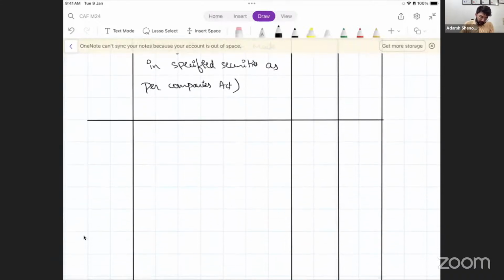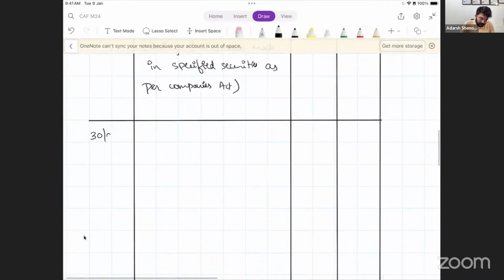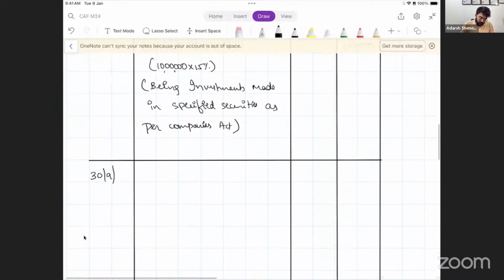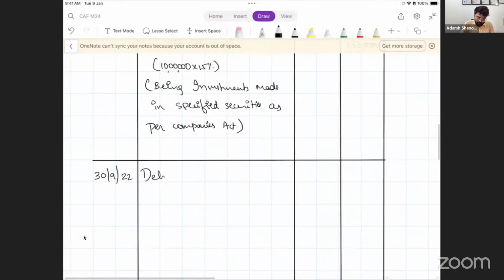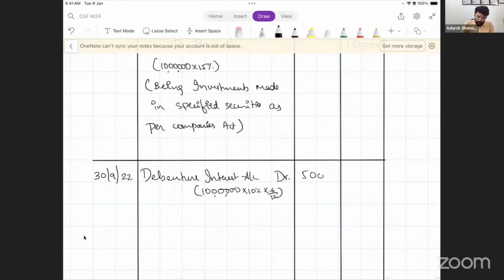Interest paid, two entries. So 30th September 2022. Debenture interest account debit. The calculation will be 10 lakhs into 10% into 6 by 12, 50,000, to bank account, 50,000.